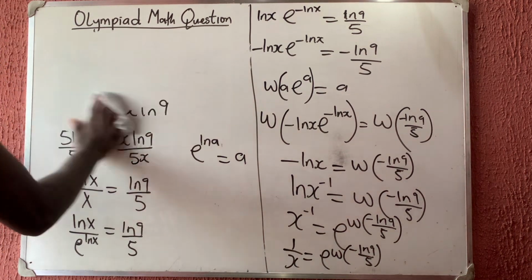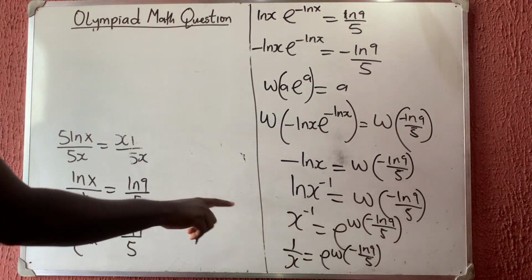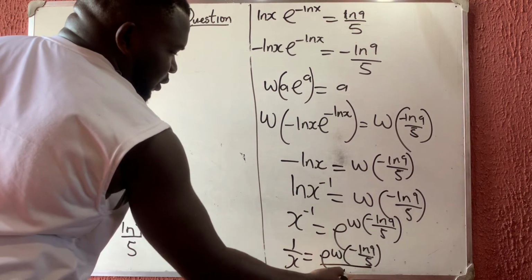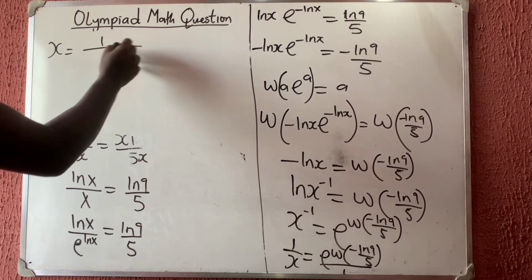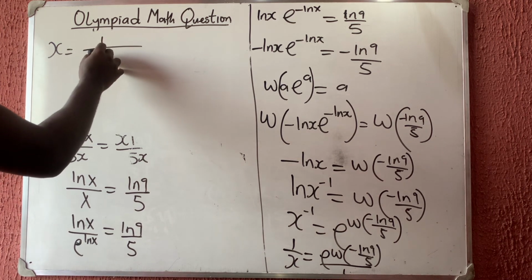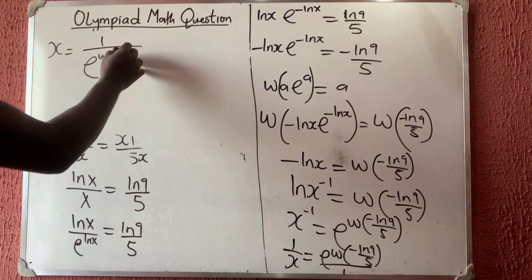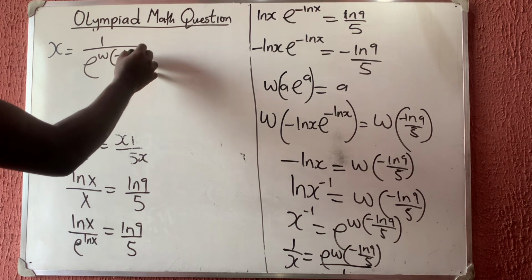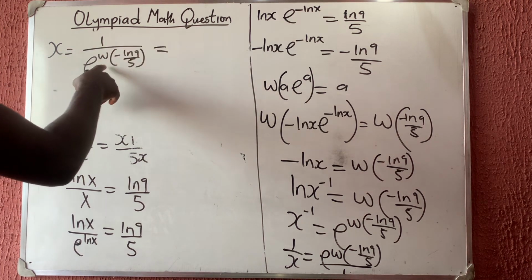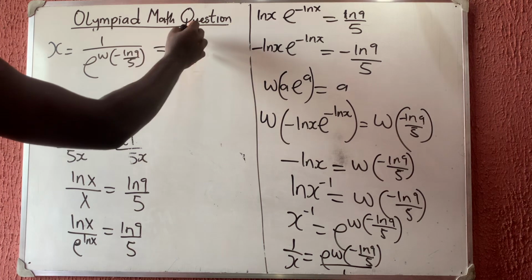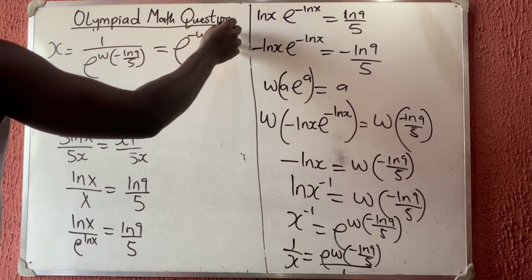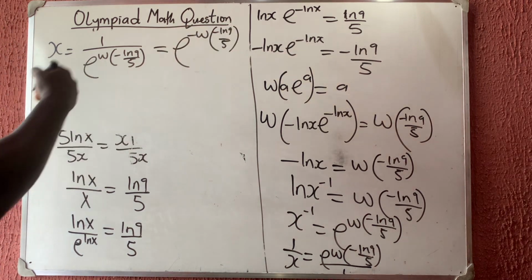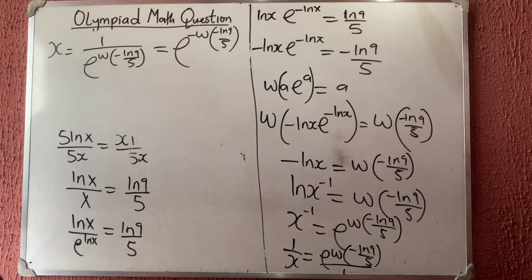So my x becomes 1 over e raised to power Lambert W function of minus ln 9 over 5, which is the same as e raised to power minus W function of minus ln 9 over 5. Any method you like will still give you the same thing.